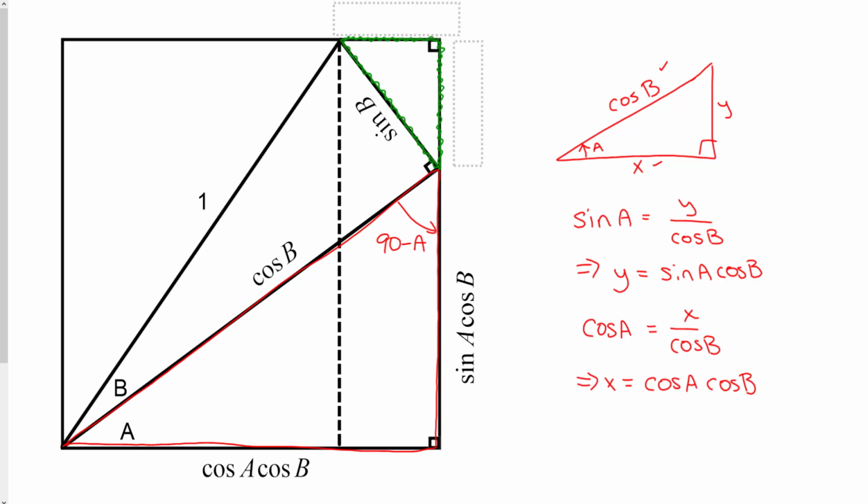Now that angle, 90 minus A, plus this angle, which is 90, gives me a total of 90 minus A plus 90, which is 180 minus A.